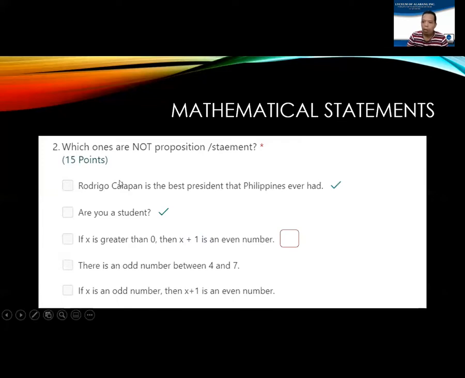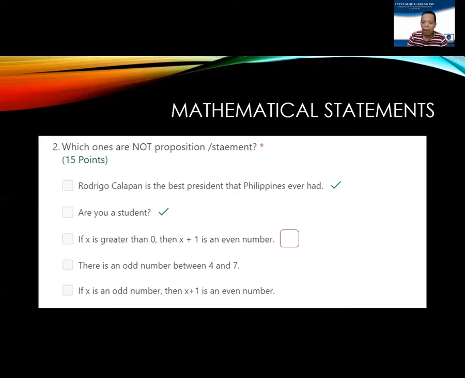So for number 2, which ones are not propositions or statements? In this example, choice number 1, Rodrigo Calapan is the best president that the Philippines ever had. Definitely, this is not a proposition, because of the word best.